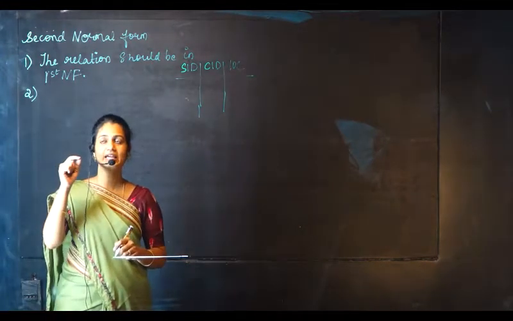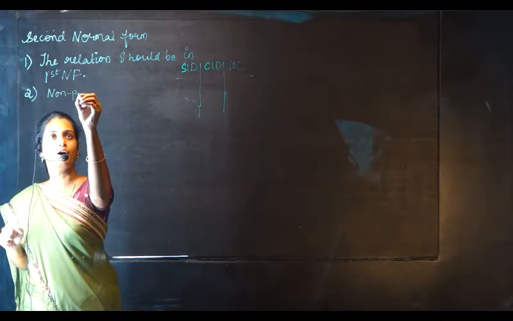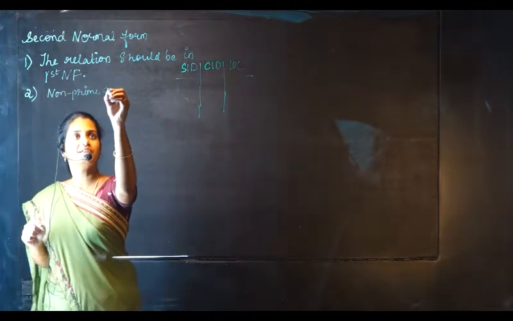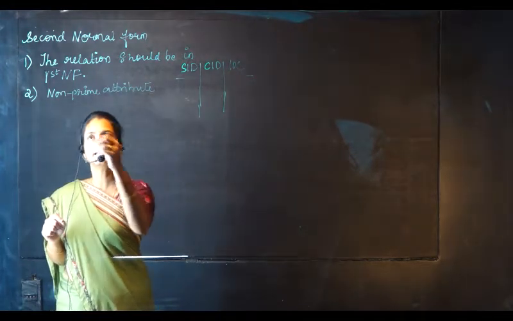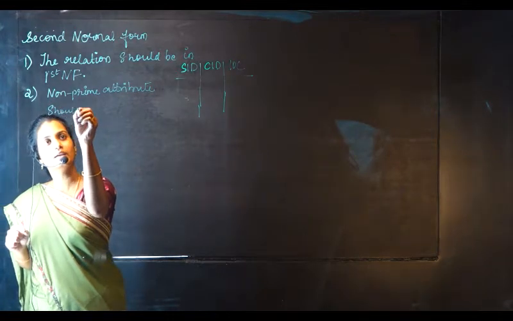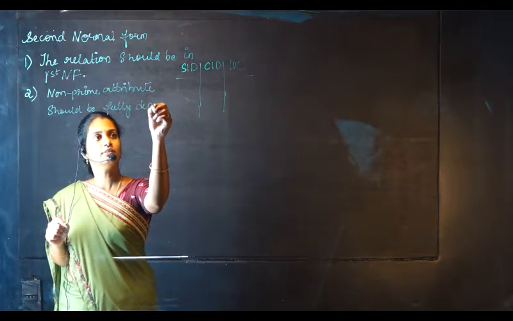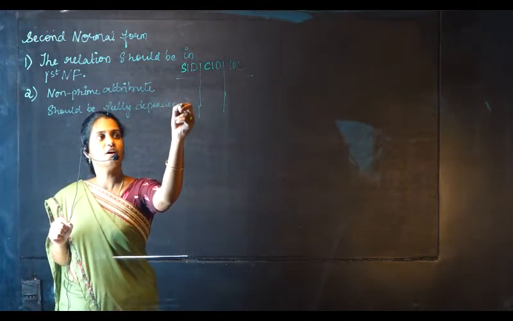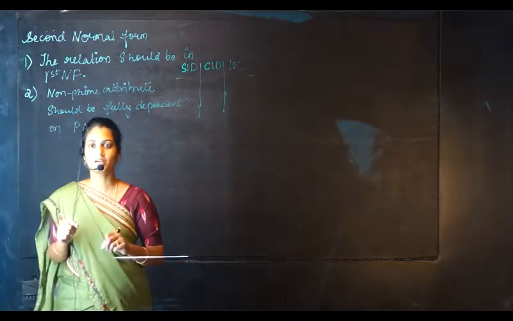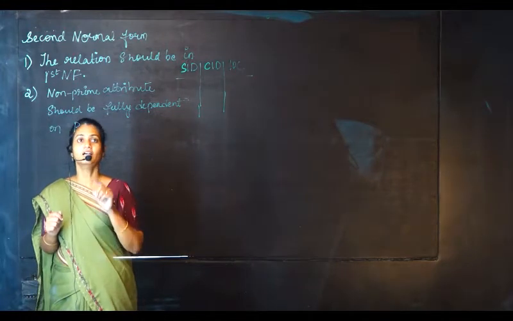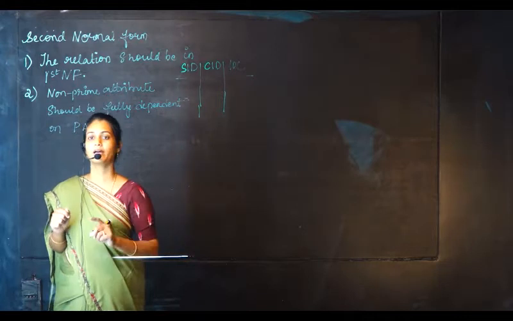Just make it clear that the non-prime attribute should be fully dependent on prime attributes. So what is the second point here? Non-prime attributes should be fully dependent on the prime attributes.